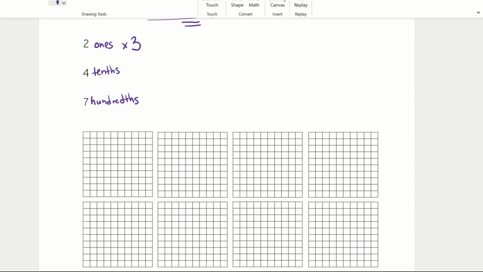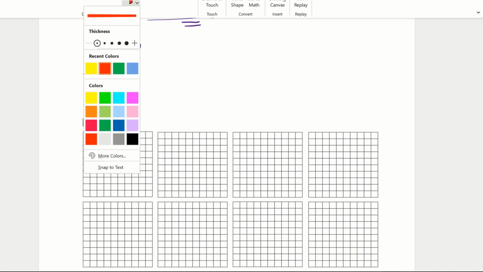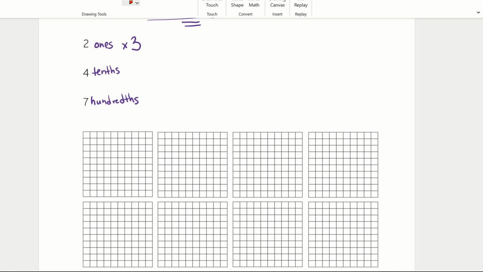So to do that, I'm going to get my drawing, and while I'm doing this, I'd like to invite you to get 3 different colors. I'm going to just use red, green, and blue because they're colors that I have easy access to. So go ahead and grab your red, green, and blue crayons. Let's try this out. So first I have 2 ones.